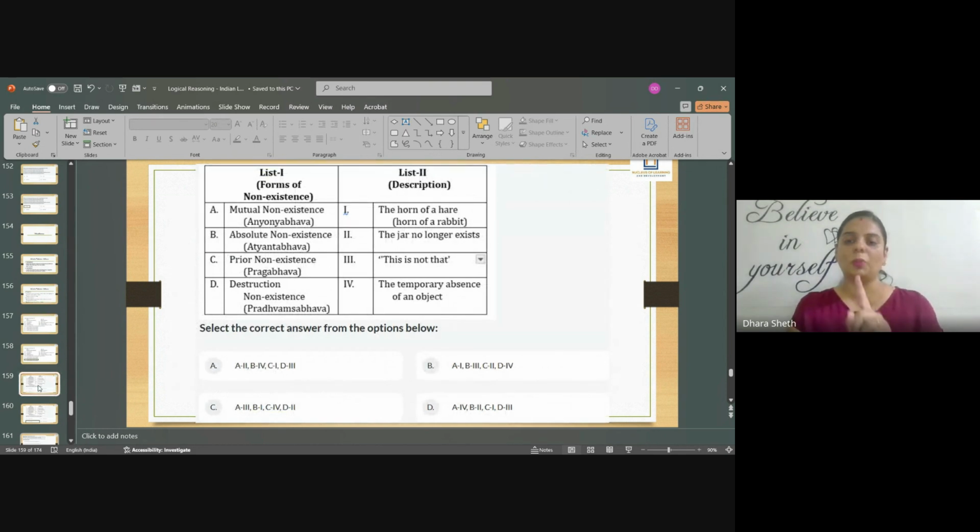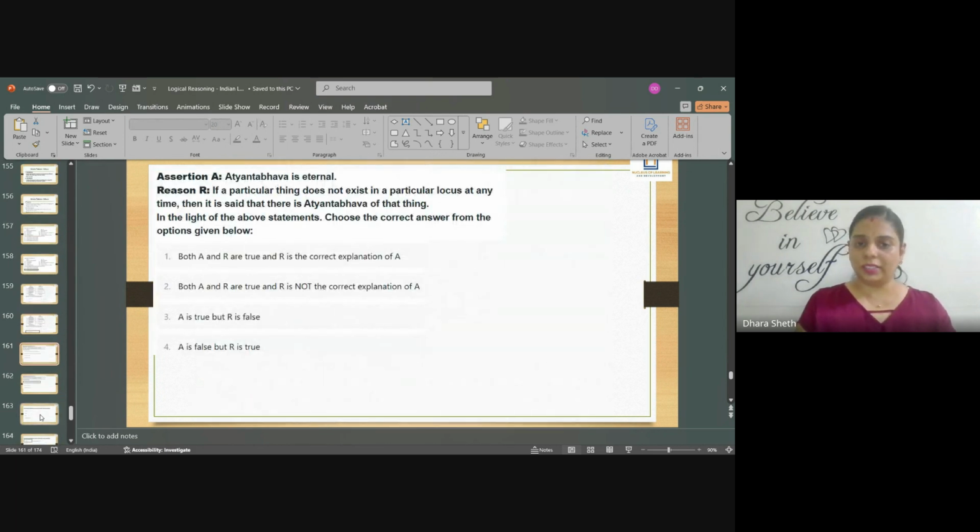If you see, the options are the same on the other side, because this is philosophy, so they will not try to make it more creative. These are the words for it: mutual non-existence, absolute non-existence, prior non-existence, destruction non-existence. So these are the English versions of these words, and the same matching with B has been asked again.